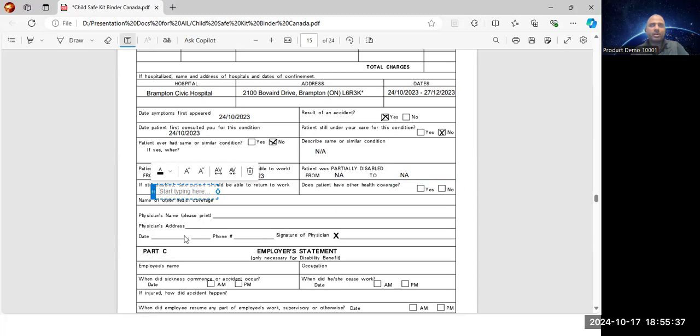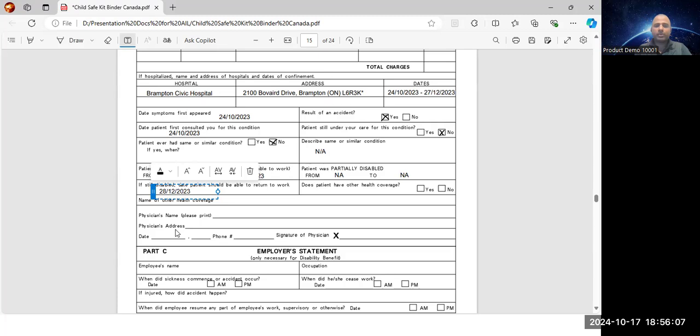Okay, and that's the reason why he's able to go back to work, perform some of the duties at work, but not able to work the way he was able to work prior to the accident. Okay, now since this is not a partial disability, since this is a total disability, okay, you will say person is not disabled and person is able to go back to work. In this case, this is 28th of December, 2023.